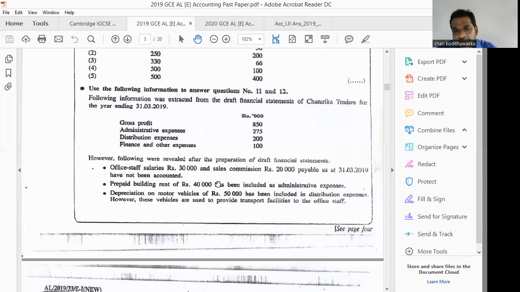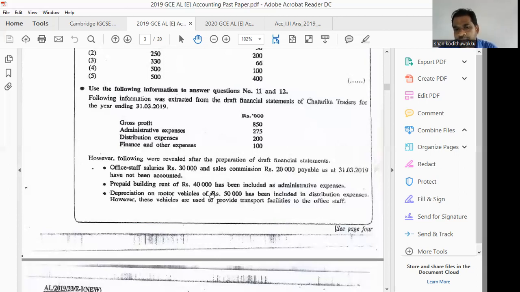We debit the prepaid rent account and record it under current assets, and that amount should be deducted from the amount paid for building rent, and the net amount goes to the income statement. Therefore, this is a minus effect.